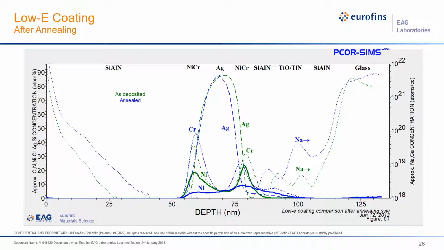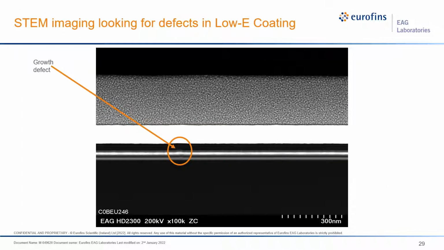So we need to really look at these films with electron microscopy, looking for defects that may give you the impression of these profiles being diffused out, or the roughness of the interfaces giving you the impression of diffused out elements. So it is often necessary that we look at microscopy of these layers in cross section.